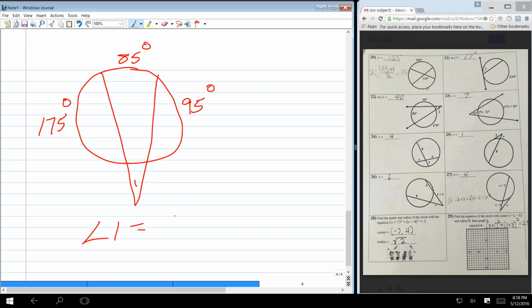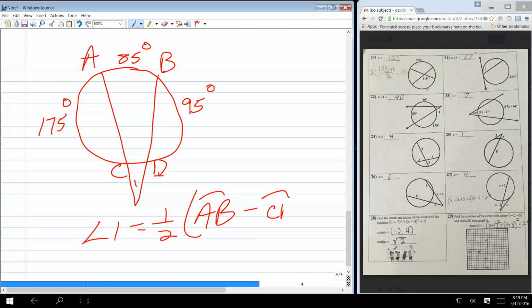So angle 1 would equal. Start with the general formula. Let me label some of these so we can talk about them. It's 1/2 of arc AB minus arc CD. AB is 85.